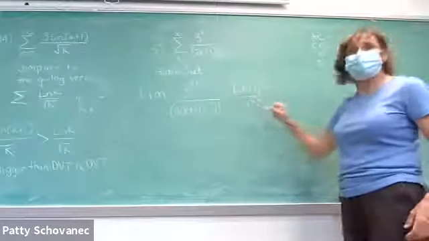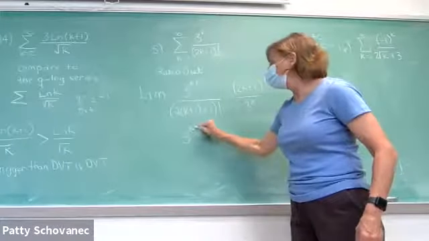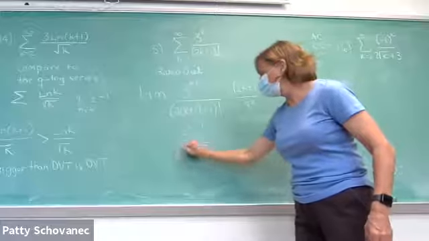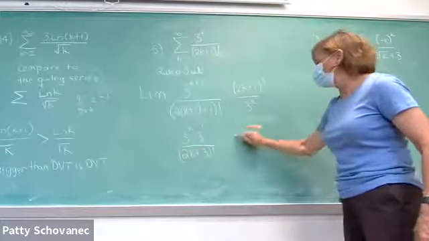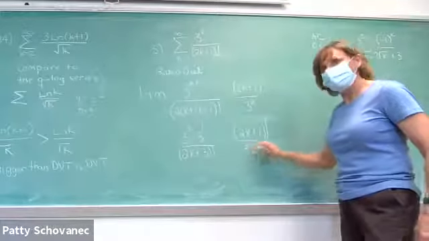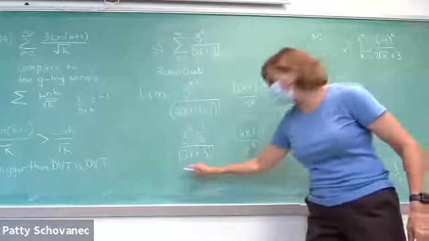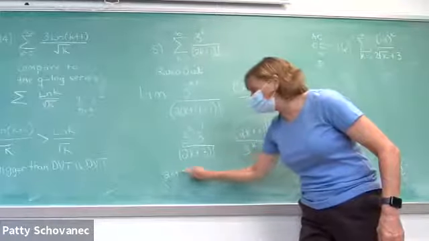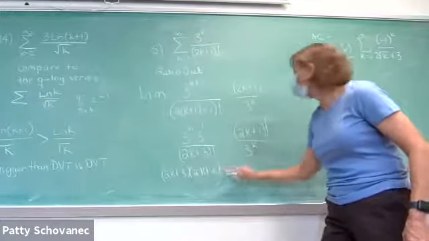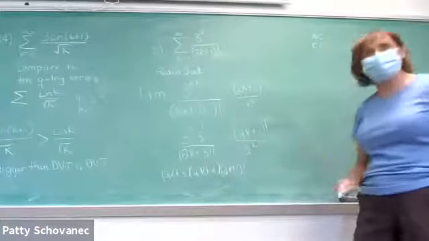Here's where you are. And I'm going to write this as 2k plus 3 factorial. But 2k plus 3 factorial means 2k plus 3 times 2k plus 2 times 2k plus 1 factorial.